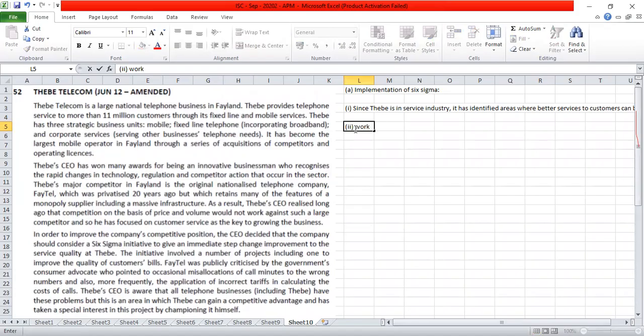The work is segregated and process maps are prepared for each process.